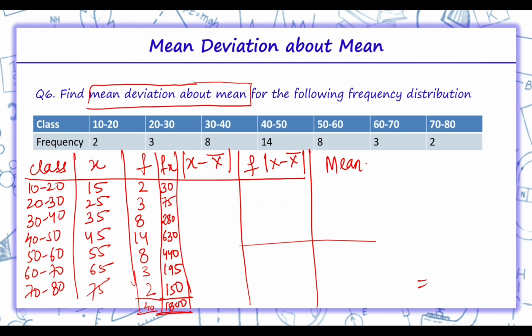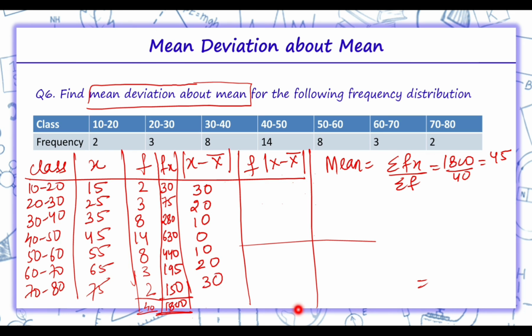So mean is summation fx upon summation f, which is 1800 by 40. So this is 45. Now we'll find x minus mean: 15 minus 45 gives 30, 25 minus 45 gives 20, 35 minus 45 gives 10, 0, then 10, 20, 30.